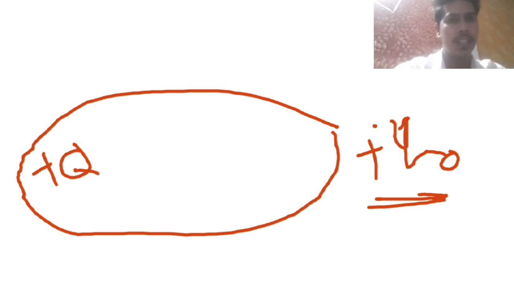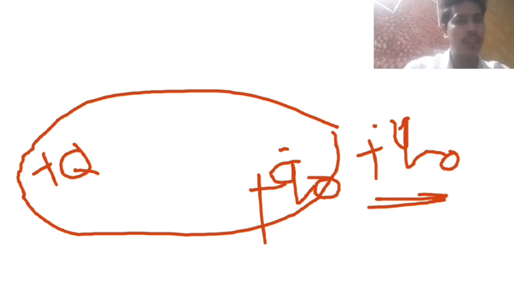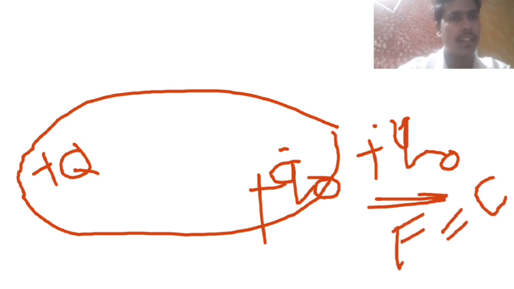So in this space, if you put the charge, this charge will experience some force due to this capital Q. But if you put this small Q naught charge outside this space, it will not experience any force. So we can say at this point outside the space the force F is equal to 0.